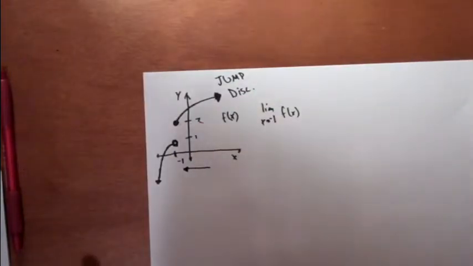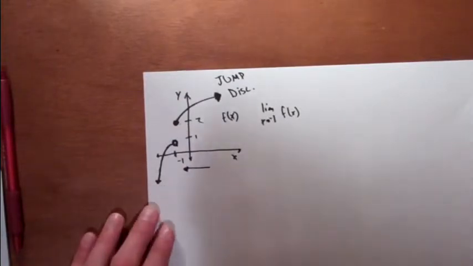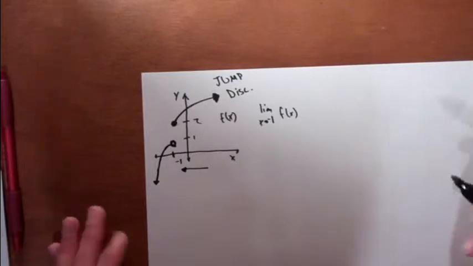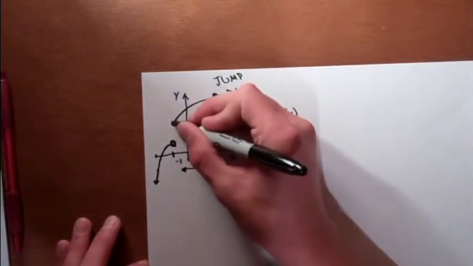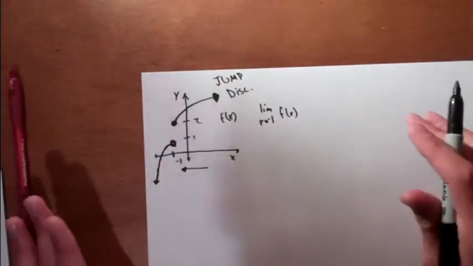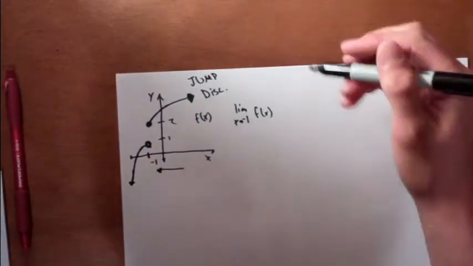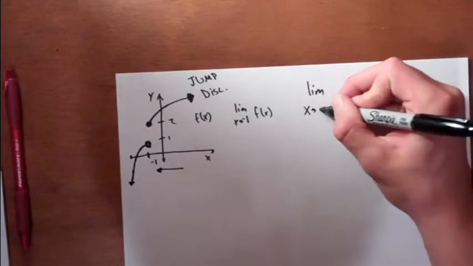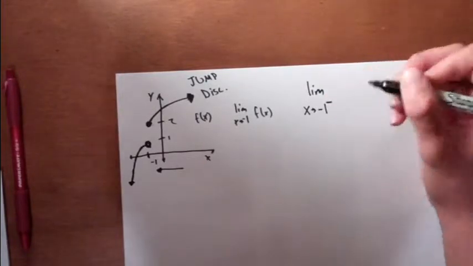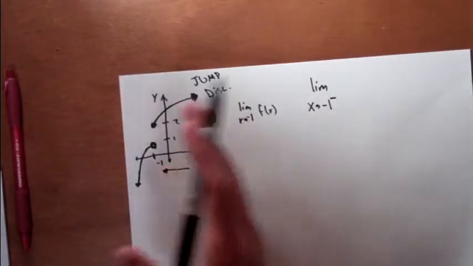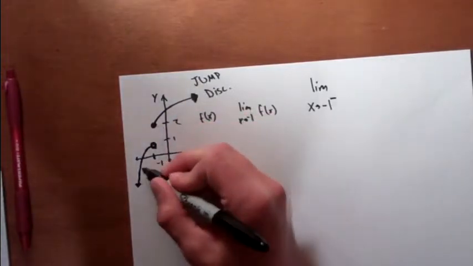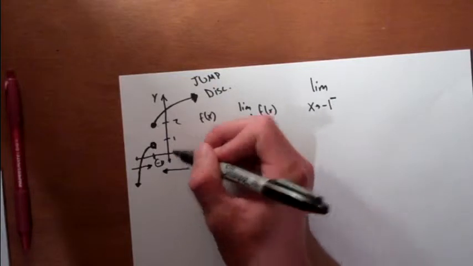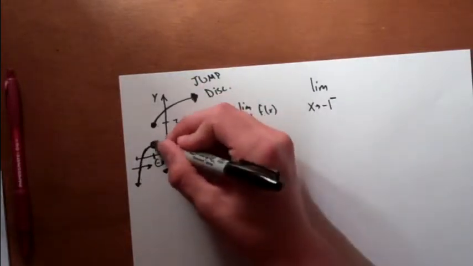Well, there's actually no limit. It's undefined in a different way than our other problem was. If we wanted to find the limit of this side or that side, there's notation for saying which one we want. The limit as x approaches -1 from the left means I'm coming from the left towards -1, getting closer and closer. What am I approaching?